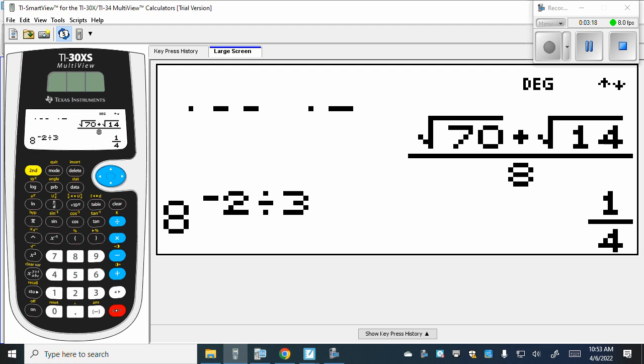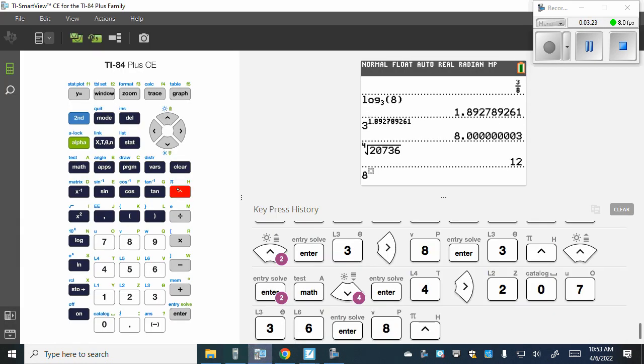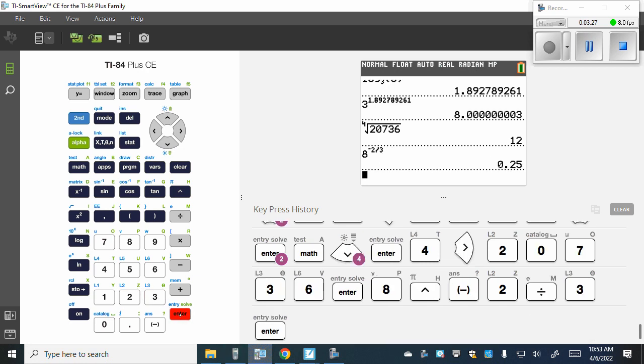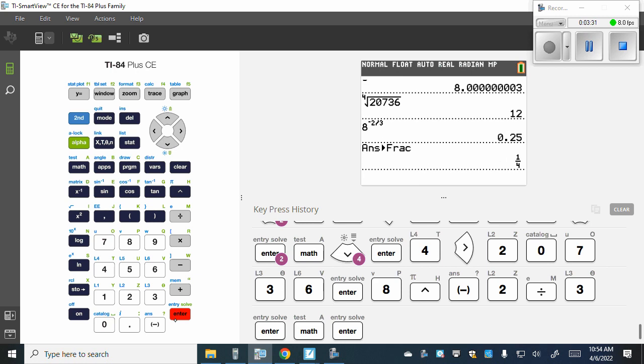We could have done this in the graphing calculator. 8 to the -2 divided by 3. Now it does give us 0.25, which we can say math enter, which is also 1/4. So I'd take 0.25 or 1/4 for that one there.